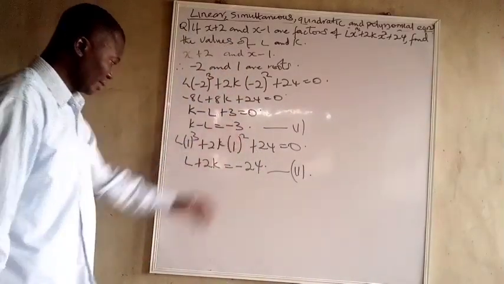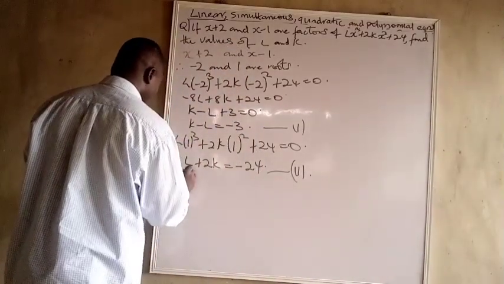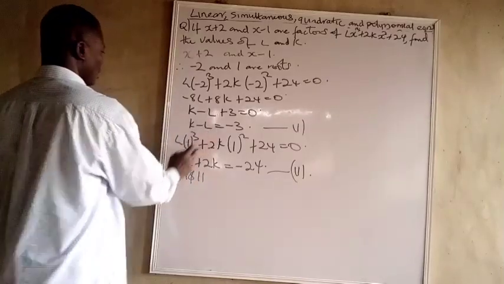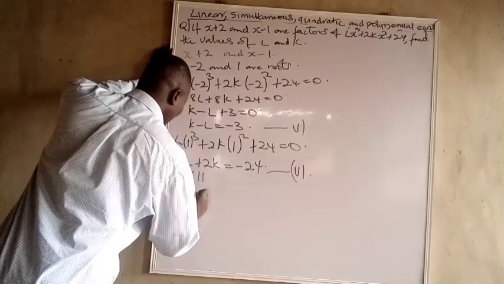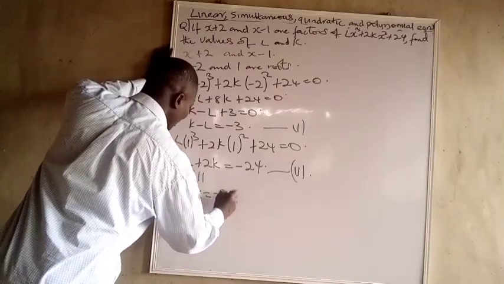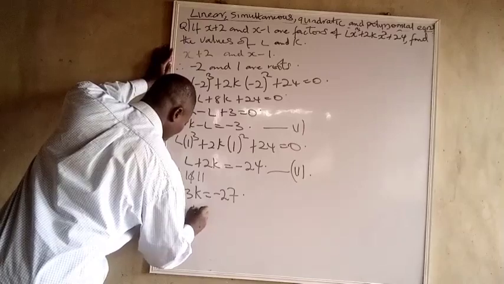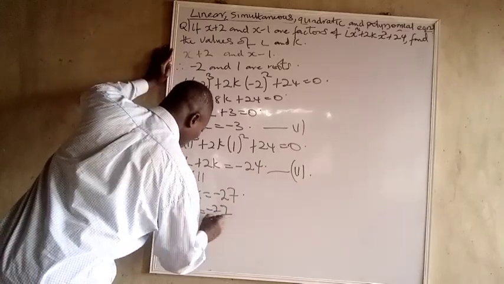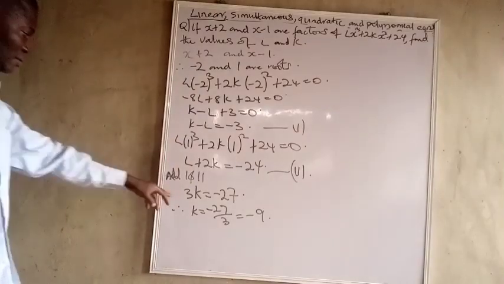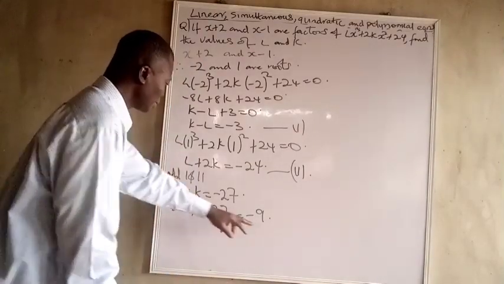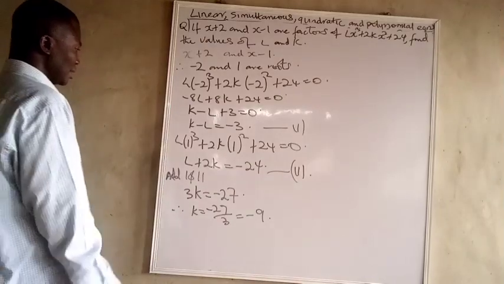Let's add 1 and 2. So this one we cancel, L we cancel. So we are going to have 3k is equal to minus 27. Therefore, k is equal to minus 27 over 3, which equals minus 9. That is for k. Now for L, we'll substitute this into either of the equations.